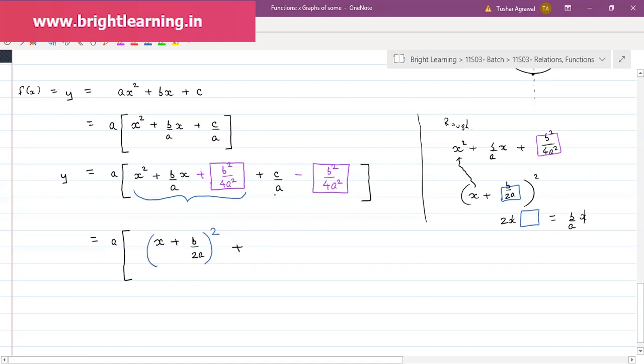And then the last simplification: the LCM of the denominators a and 4a square is 4a square, so it becomes 4ac minus b square.